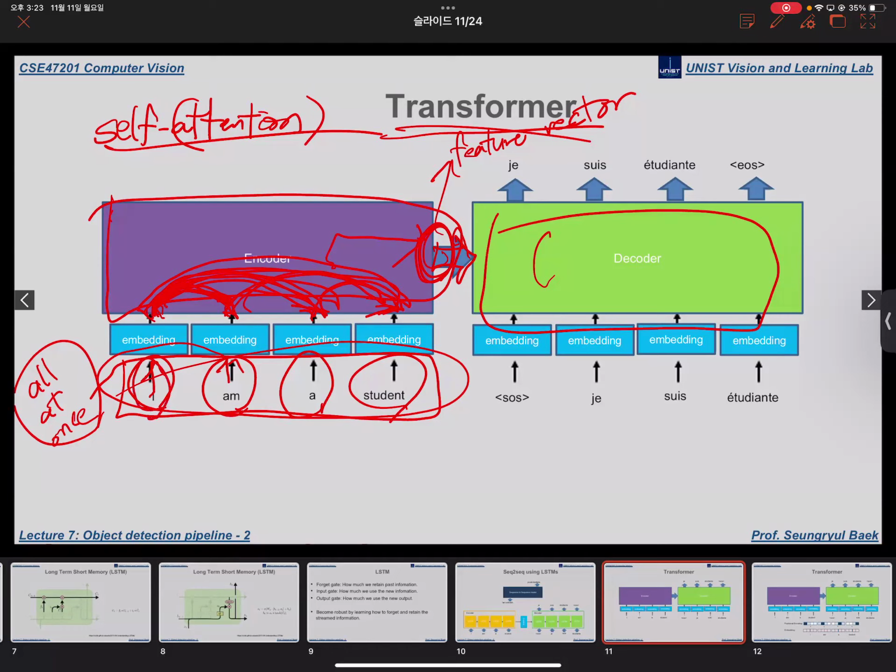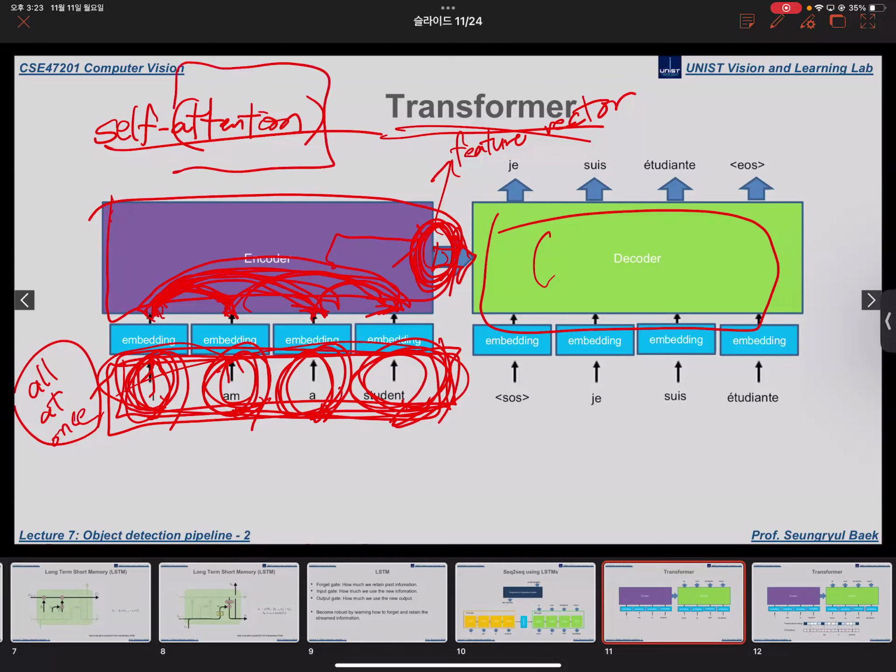They calculate the relation between I and M, I and A, I and student, M and A, M and student, A and student. They somehow calculate, seeing all the relationships between these words, and calculate one vector that encodes this relation. That's actually called the attention mechanism.